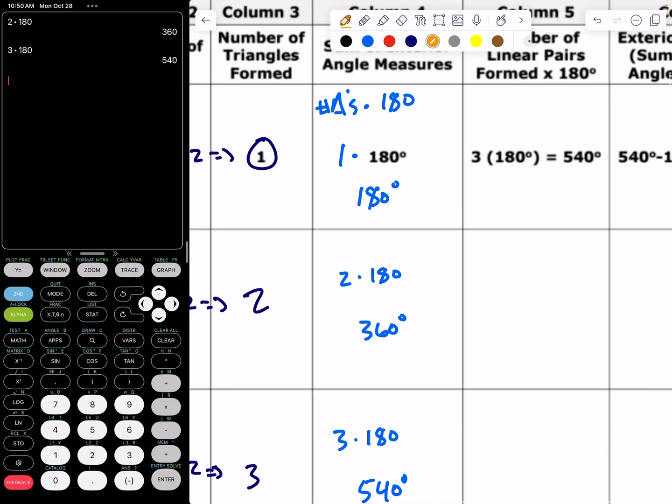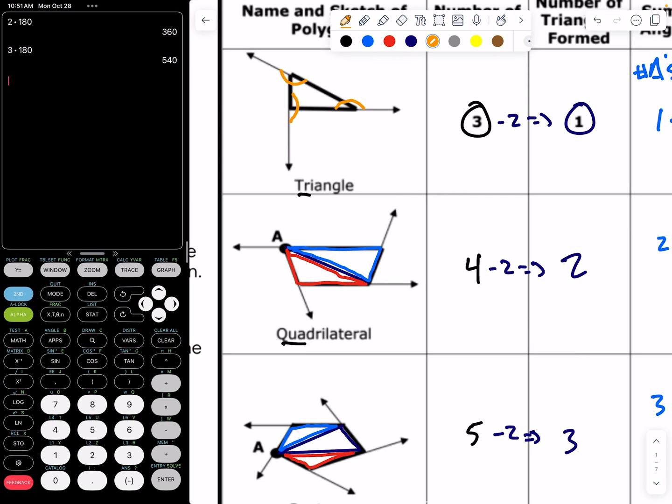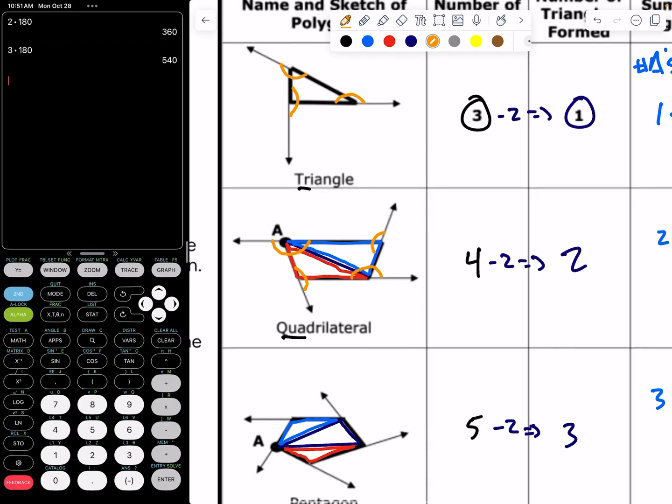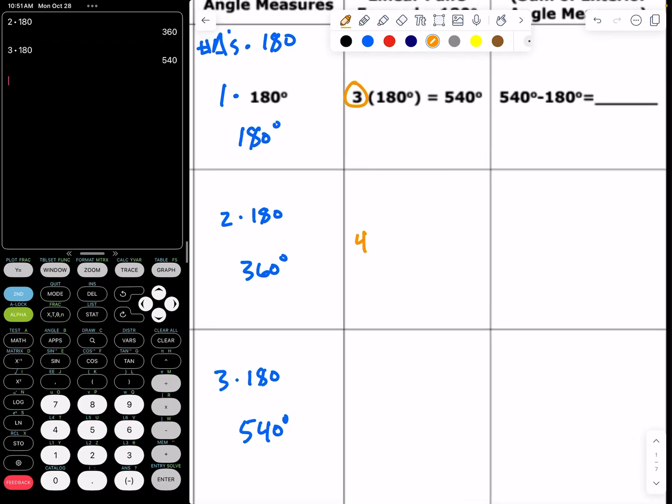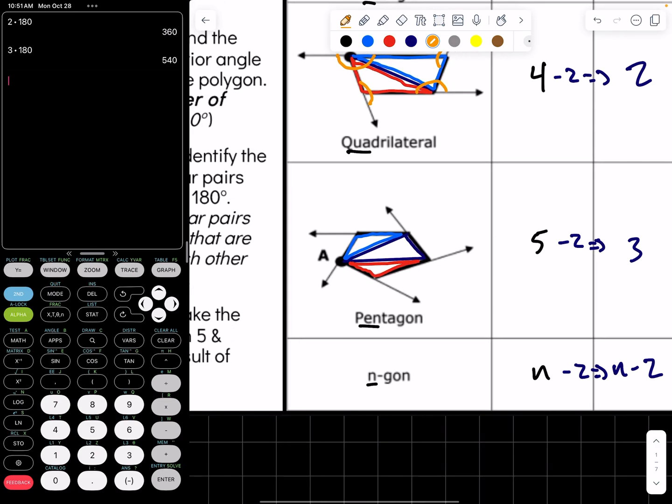We have 3 linear pairs, so we multiply those by 180 to get 540. Over here, we have 1 linear pair, 2, 3, 4. So we'll put a 4 right there. We'll multiply it in a minute.